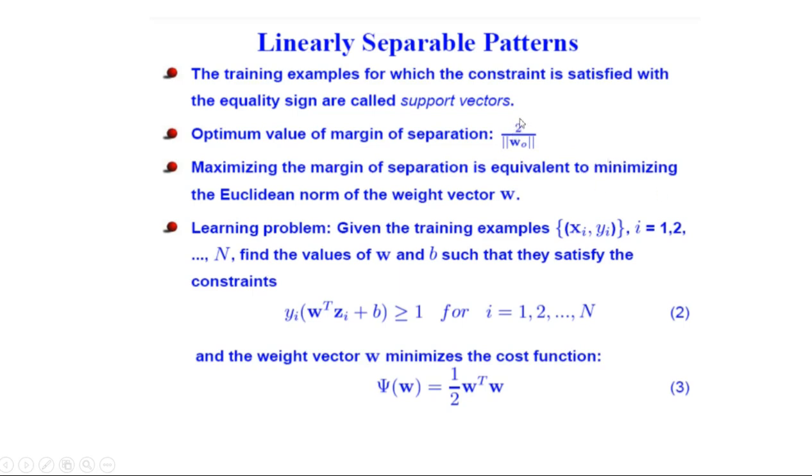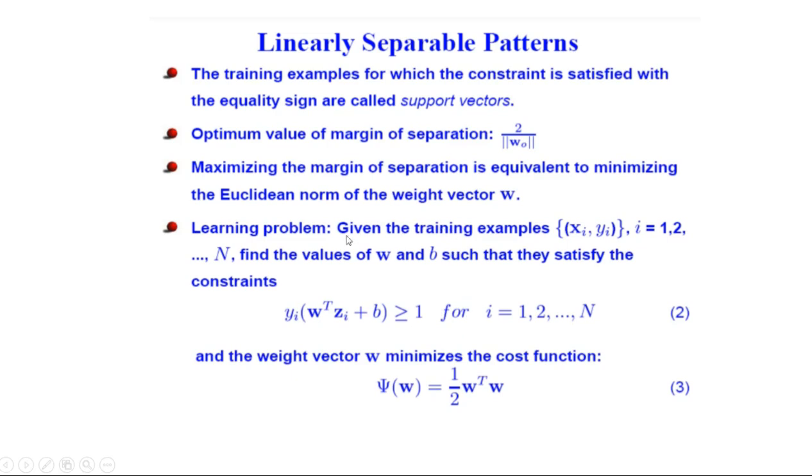So just opposite. So instead of maximizing this equation, you can minimize half of mod W, or the Euclidean norm of W. W is a vector, you need to understand.